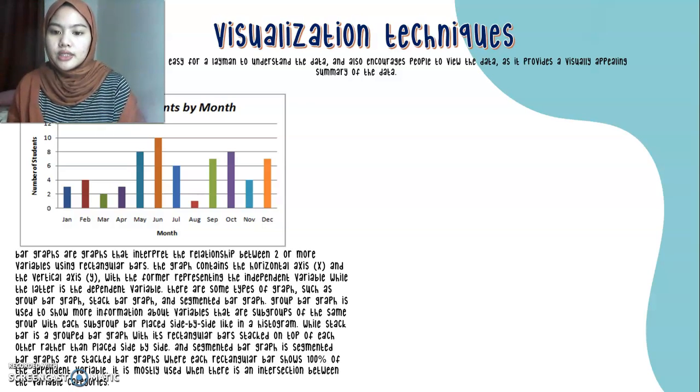The graph contains the horizontal axis with symbol X and the vertical axis with symbol Y, with the former representing the independent variable while the latter is the dependent variable. There are some types of bar graphs such as grouped bar graph, stacked bar graph, and segmented bar graph.